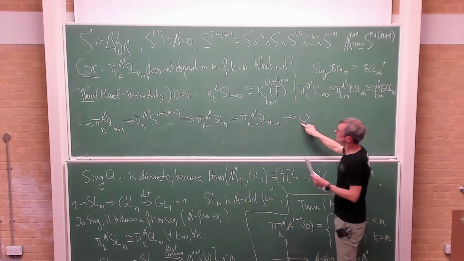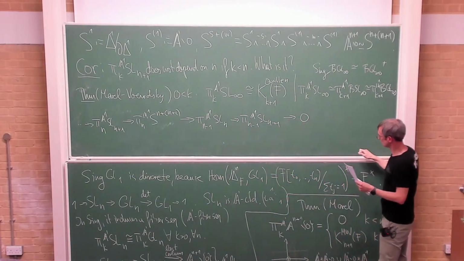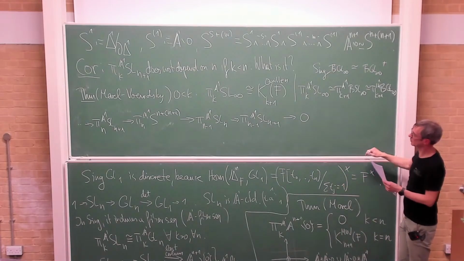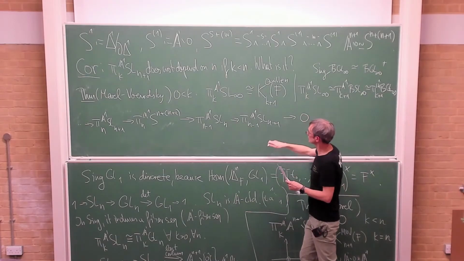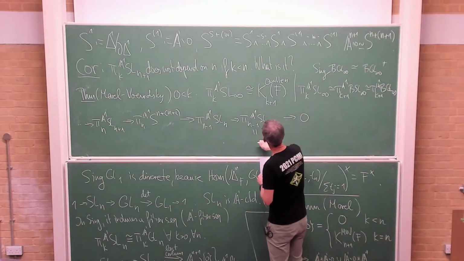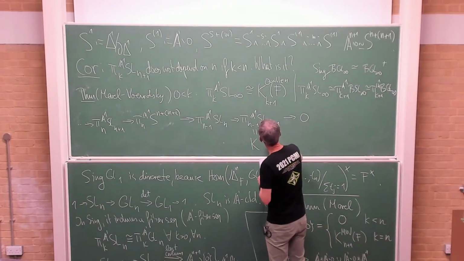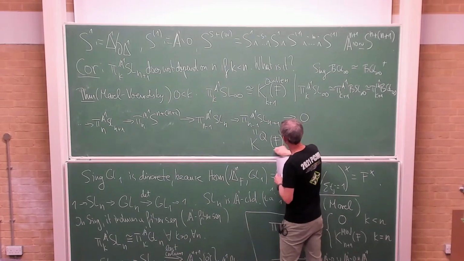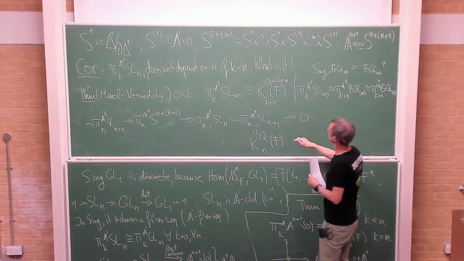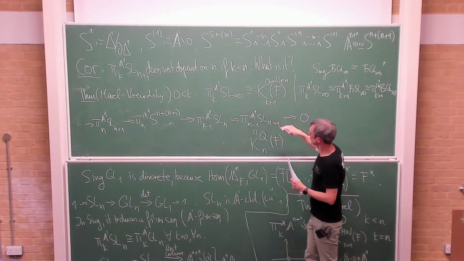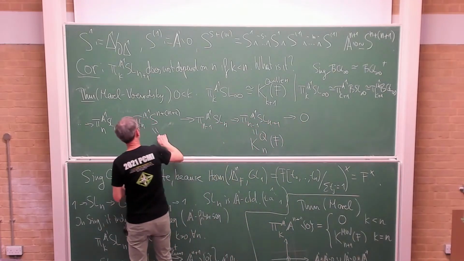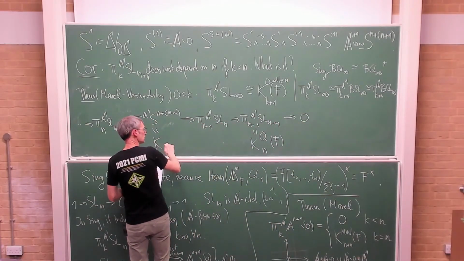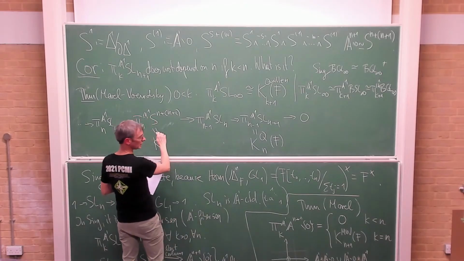So here we're at pi_{n-1} of this sphere, so this is going to be 0. So we have something surjective here. And what we have here is Quillen's K-theory of the field F in degree n, due to this shift here. And what we have here is also described in Morel's theorem.